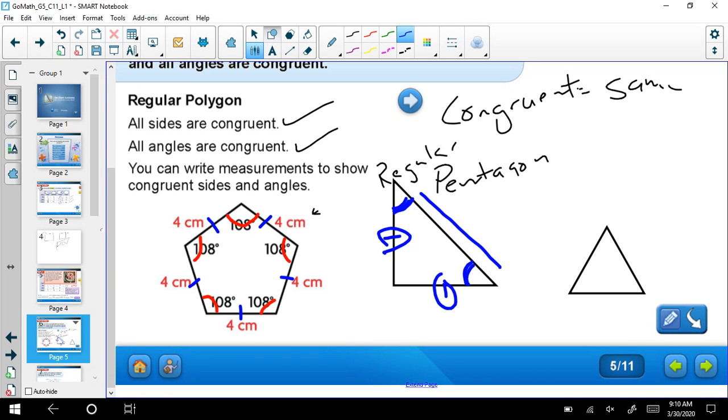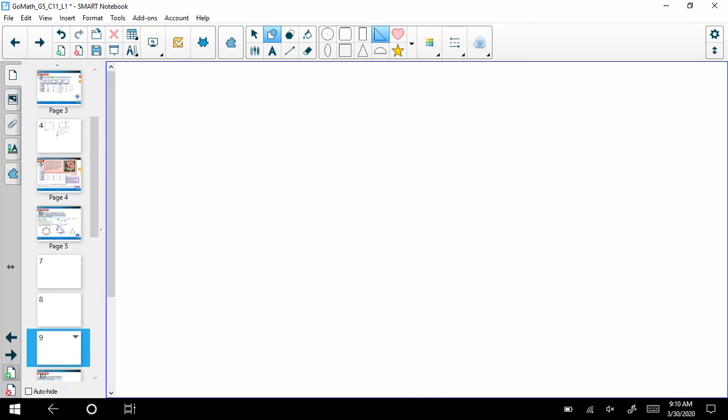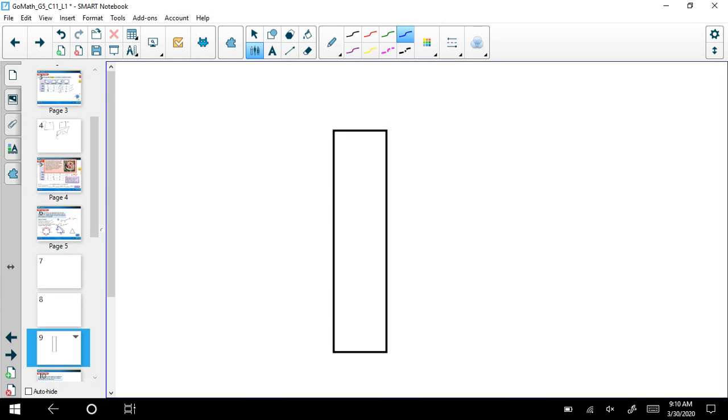So let's draw one more, except we're going to open up a new page, and let's draw this. Here on this one, first of all, hopefully we are beginning to recognize that we clearly don't have 4 congruent sides. This is not going to be regular.